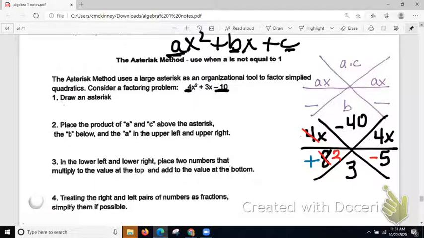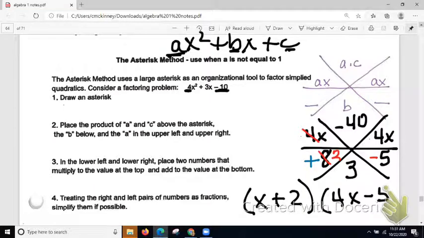And then you read it from top to bottom. So this would be x plus 2. And then on the right, that 4 over 5 does not reduce. So that's just 4x minus 5. And that's my 2 sets of parentheses.